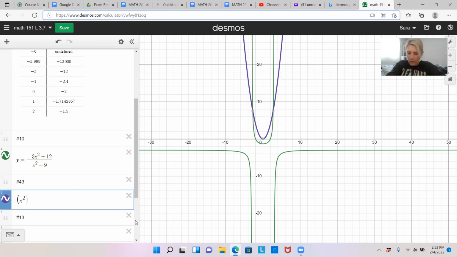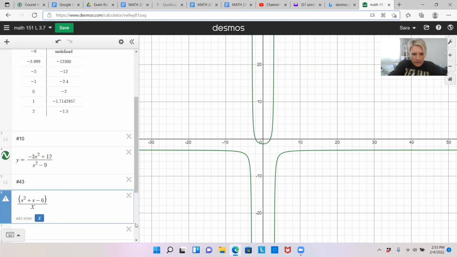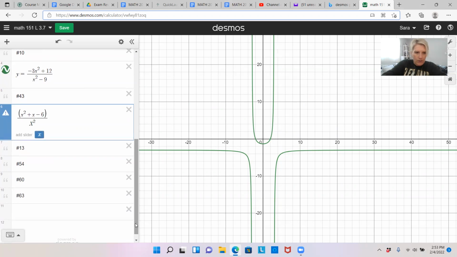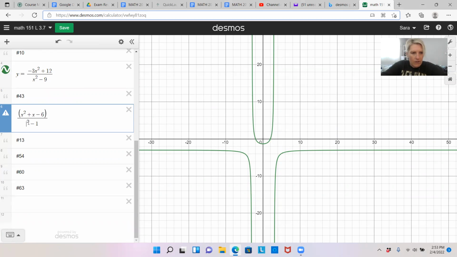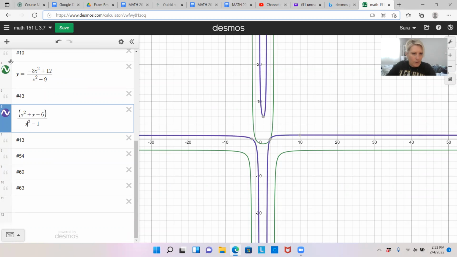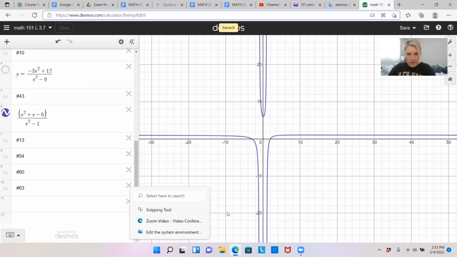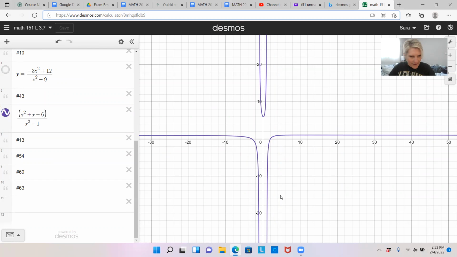So x squared plus x minus 6 parentheses divided by x squared minus 1. There it is. Oh, I gotta turn up my other graph. Okay, so there it is, just like what we drew. Isn't it pretty cool?